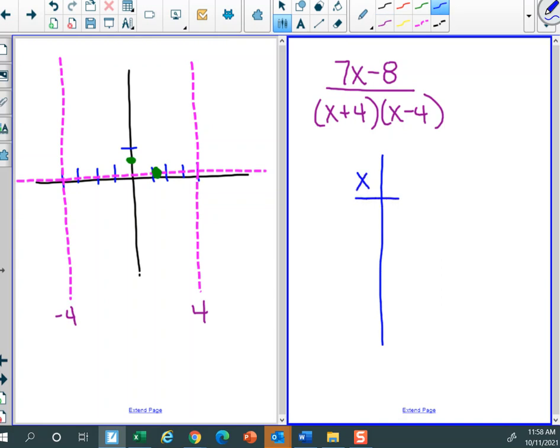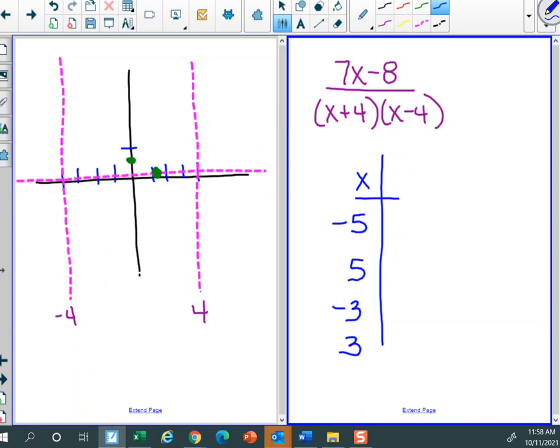I'm going to use a negative 5 and a positive 5 on either side, on the outsides of the asymptotes. And then I'm going to use a negative 3 and a positive 3, kind of on the insides of the asymptotes.